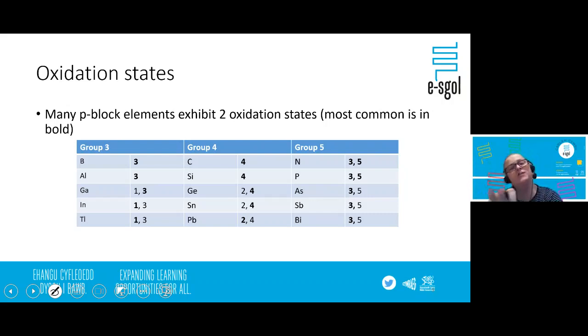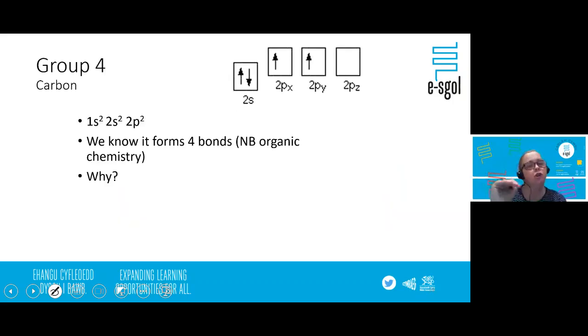But as you descend, you see an interesting flip in that trend where it will tend to drop by 2. So group 4 changes its preference from +4 to +2, and vice versa. Either side, you've got that flip side of going from 3 to 1 and from 5 to 3 as well, which we'll look at. But why?